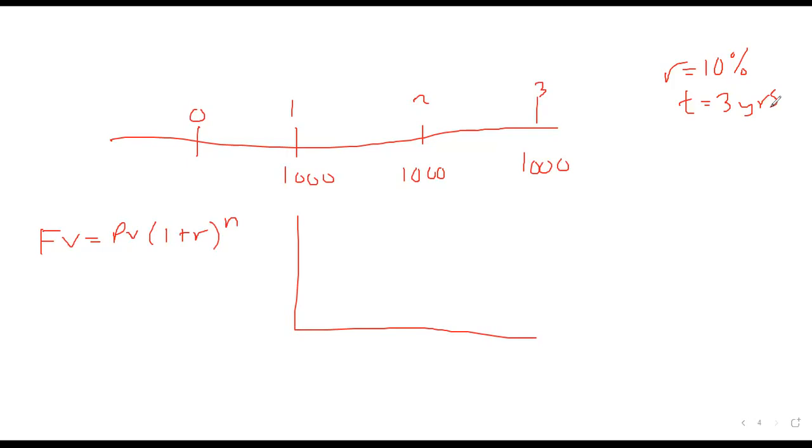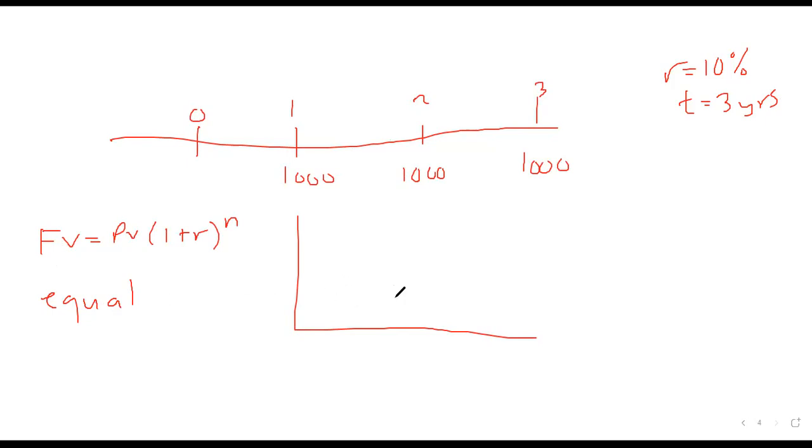So the question will be, suppose equal payments of 1,000 are deposited in an account. Whenever you see the word equal, it's called an annuity. An annuity is a series of equal periodic payments.